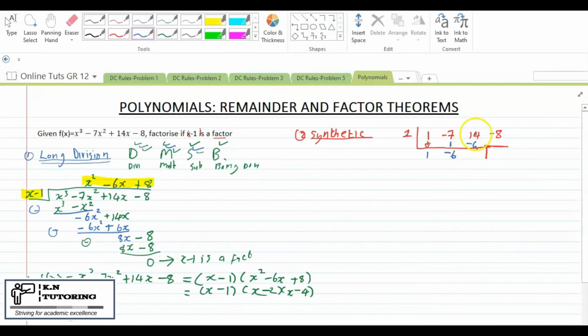And then I add 14 minus 6, I will get 8. Then I take this 8 and multiply it with 1. And I will get positive 8. Then I take this negative 8 and I add with 8 and I will get 0. And if you get 0, you know that your answer is correct, because in fact f of 1 gives us a remainder of 0.